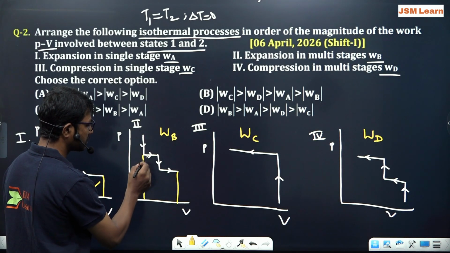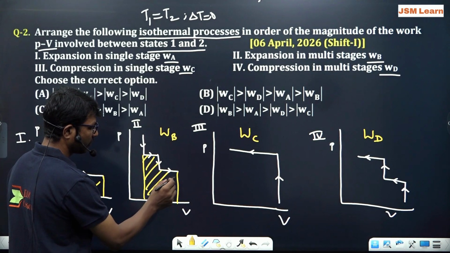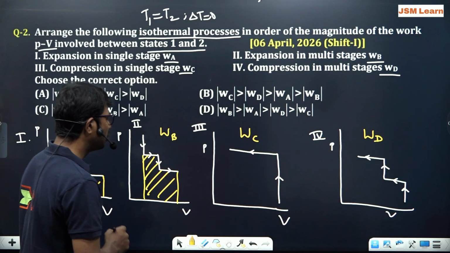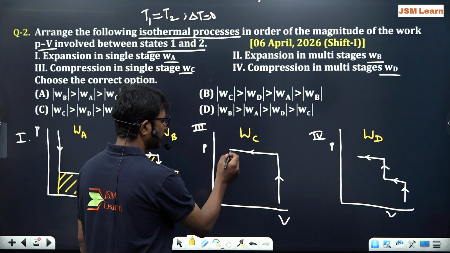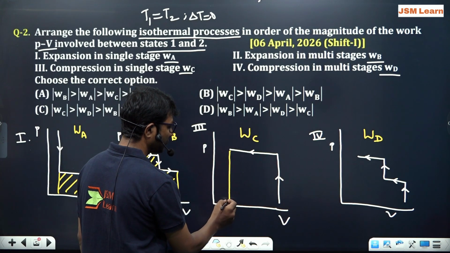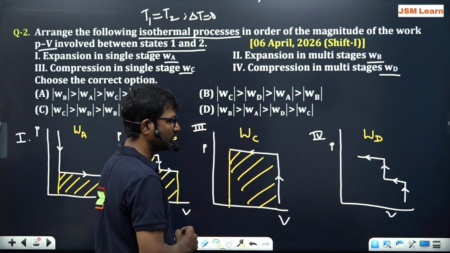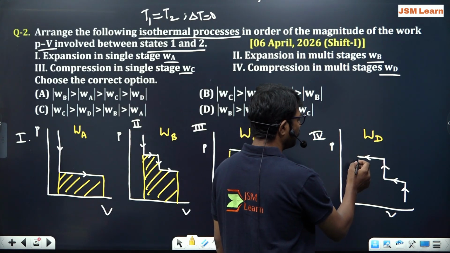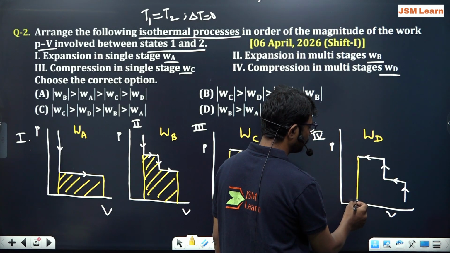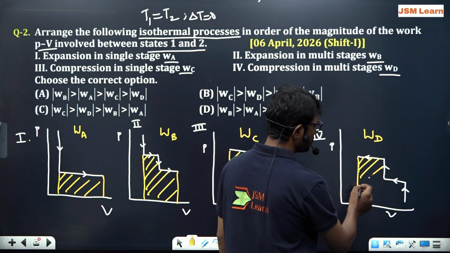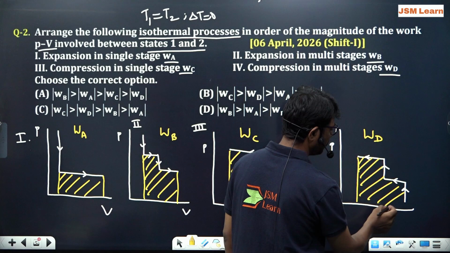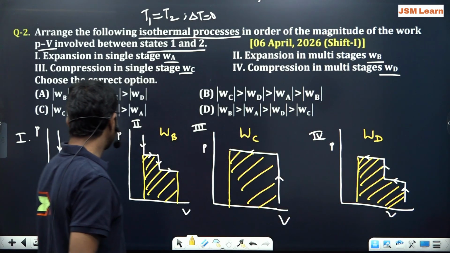Now if you observe here, in the second process, this is the area covered under the graph, WB work. In this case, this is the area covered under the graph, WC we got. Now coming to the fourth process, this is the area covered under the curve. So now just look at it.